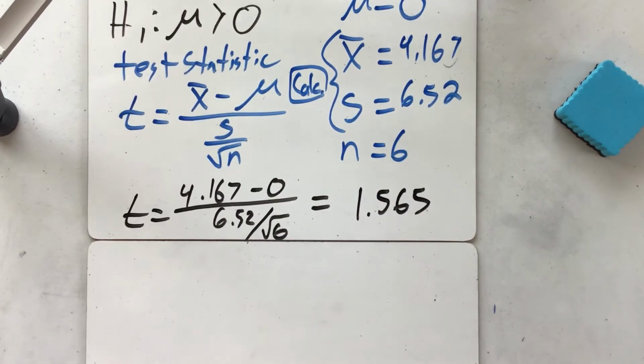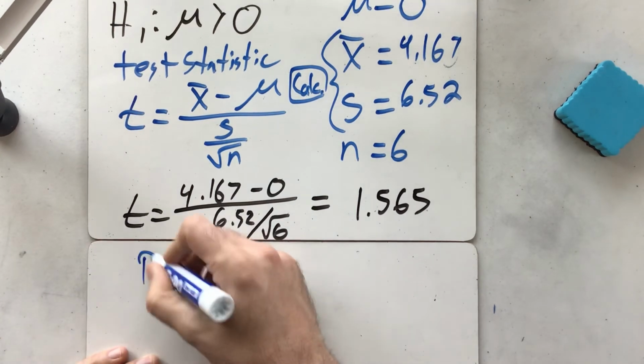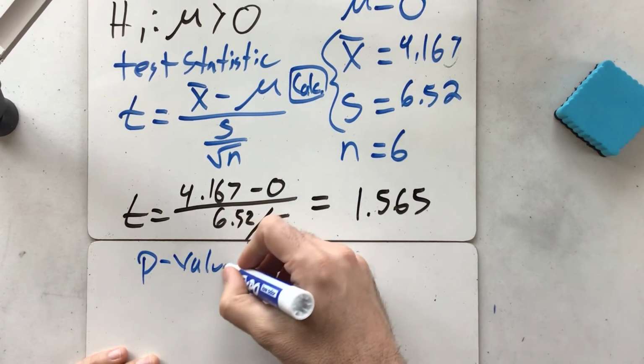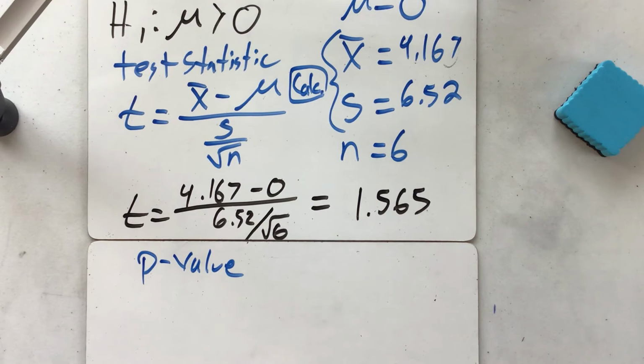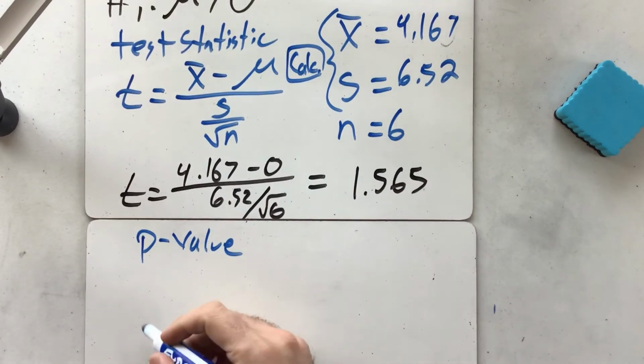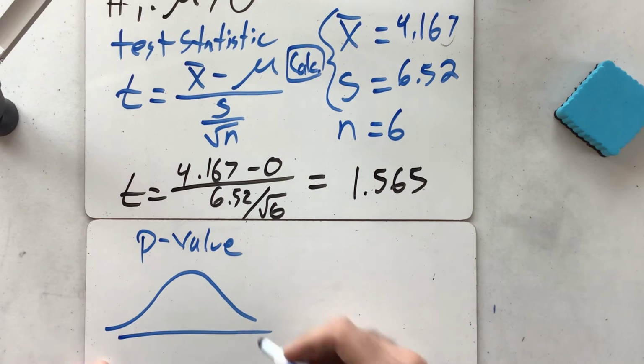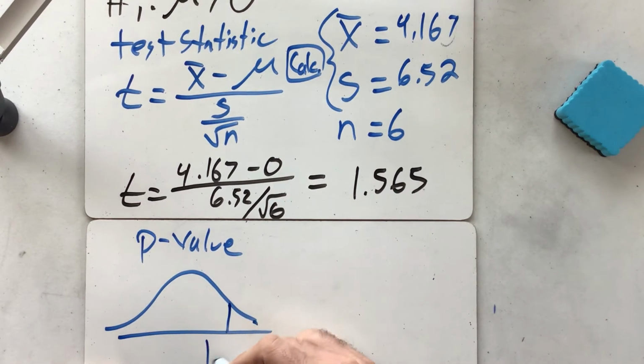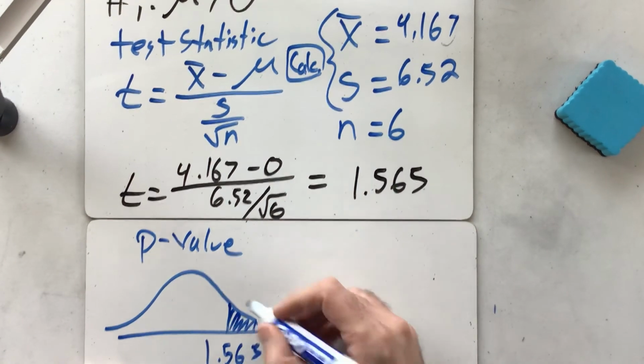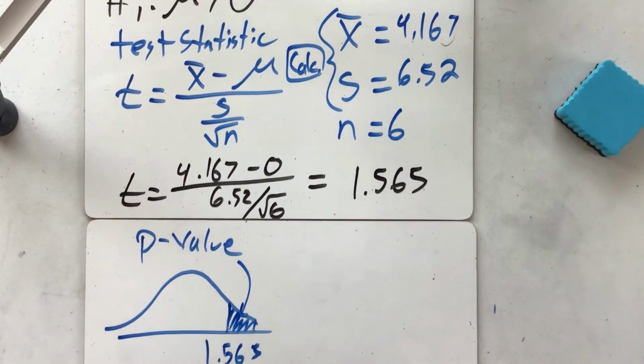And so now I'm ready for my p-value. As in all the other problems, I draw myself a little normal distribution. I put my value on here, 1.565, and I'm looking for that shaded part right here.